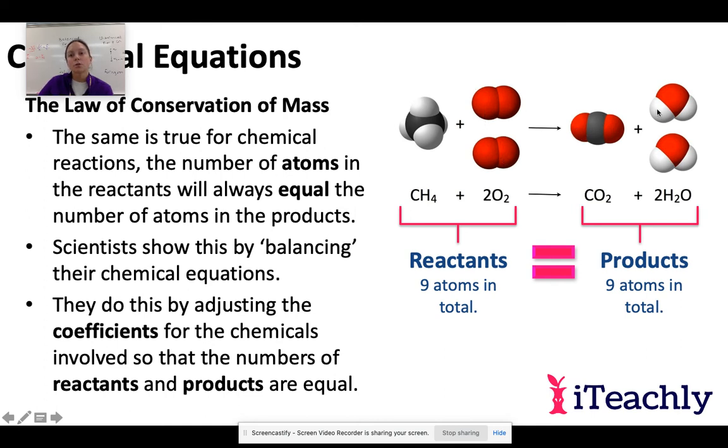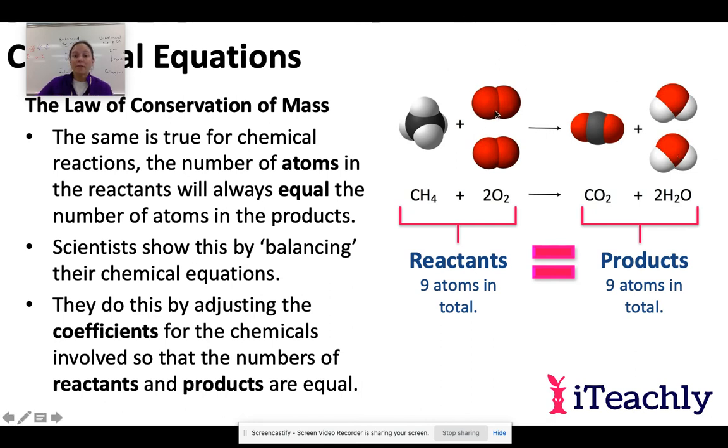So I have 1, 2, 3, 4 oxygens on the product side. So in order for me to have 1 methane plus 2 oxygen produce 1 carbon dioxide and 2 water molecules, that's the only way this molecule will work.